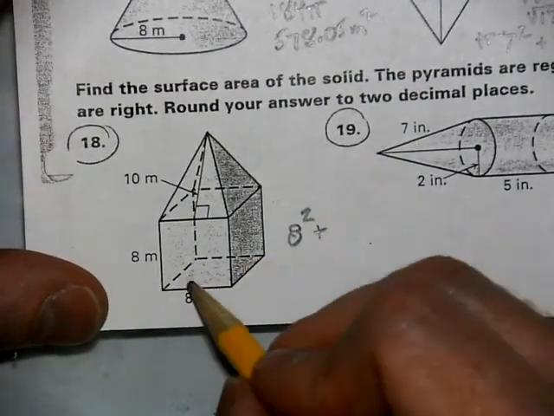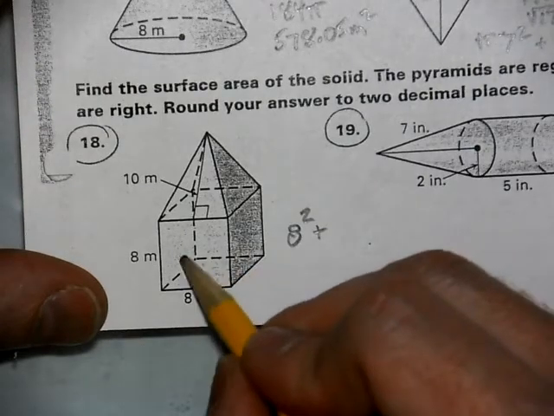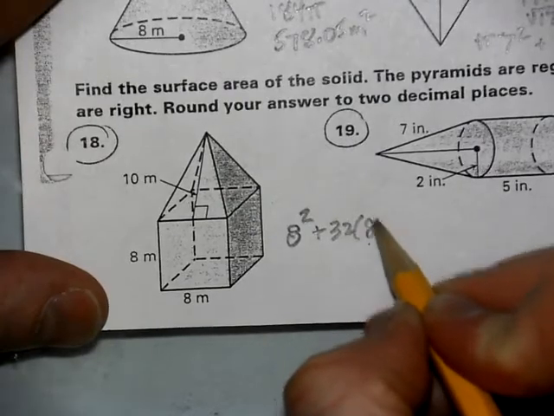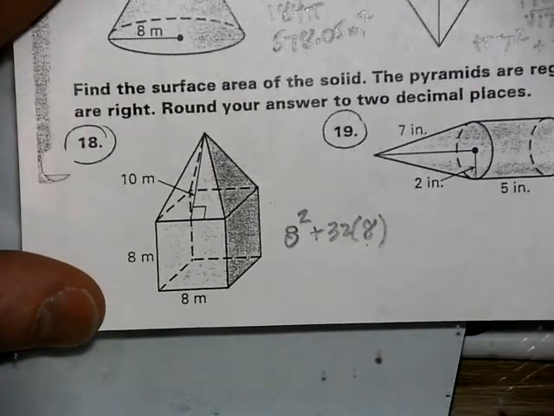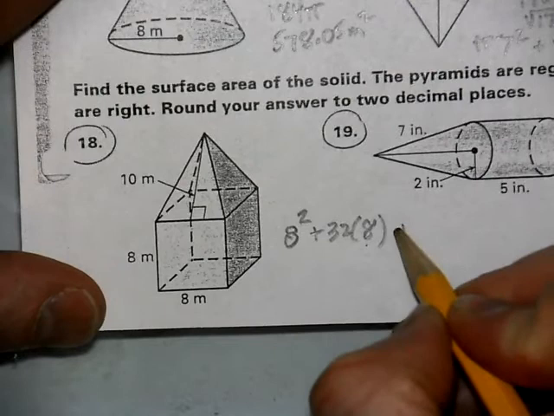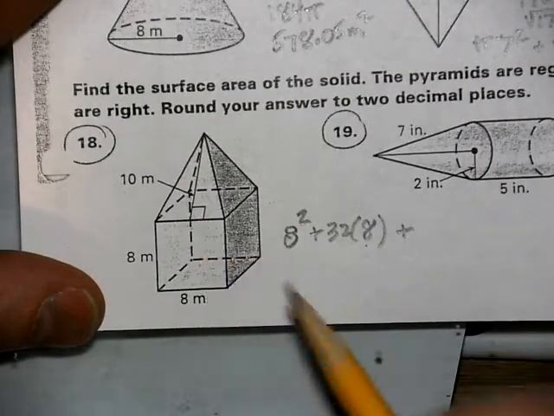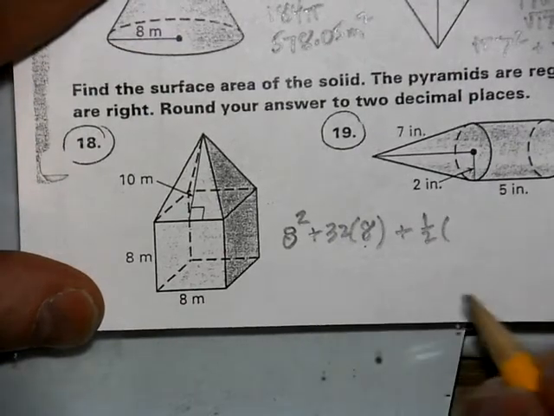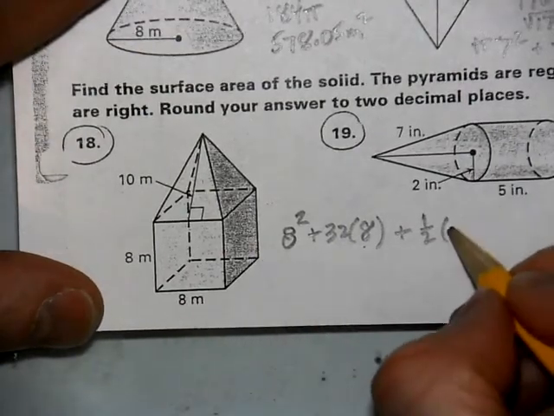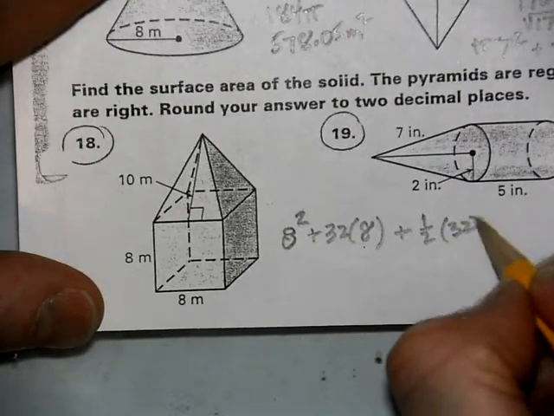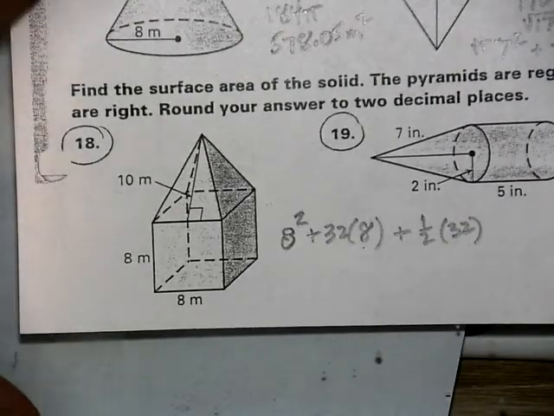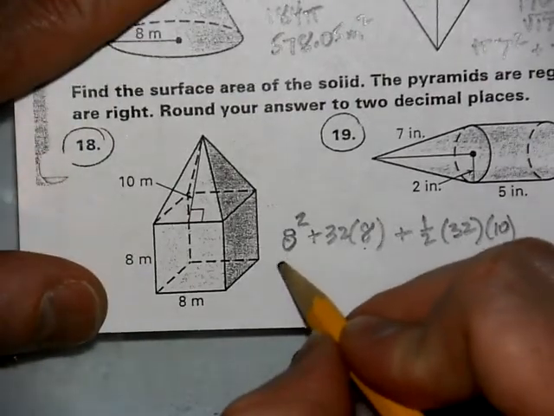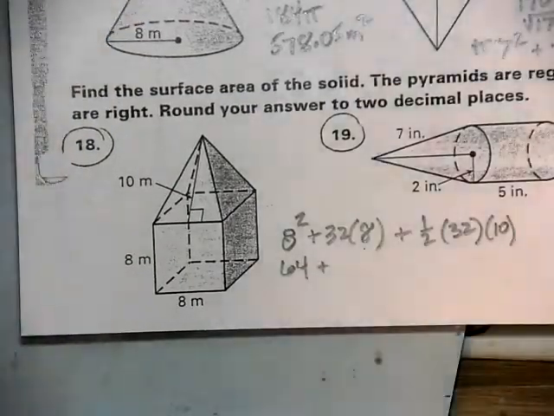The lateral face is going to be the perimeter, which is 32 times the height, plus we're going to add the top on, which is half the perimeter, which is 32, times the slant height, which is 10. 64.